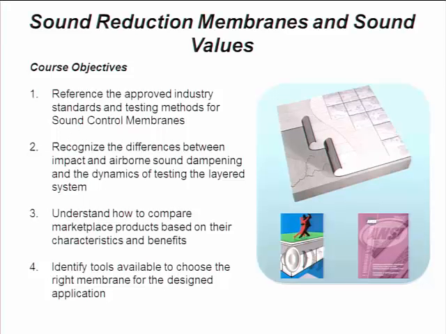The four main objectives that I would like everyone to be able to accomplish during our brief course would be to understand the approved industry standards and the methods for sound control membranes, to be able to recognize the difference between impact as well as airborne sound dampening, and also to understand somewhat of the differences of how the layering system and the testing arrives at those different numbers that we'll be talking about.